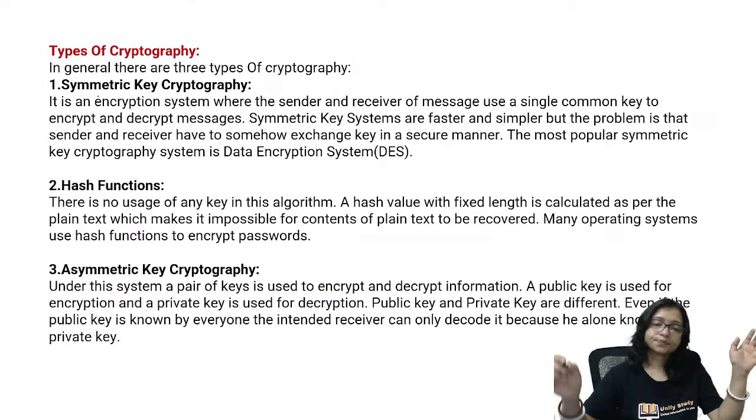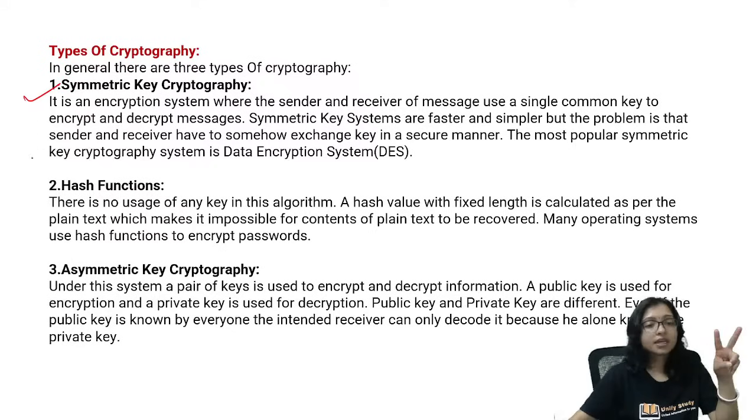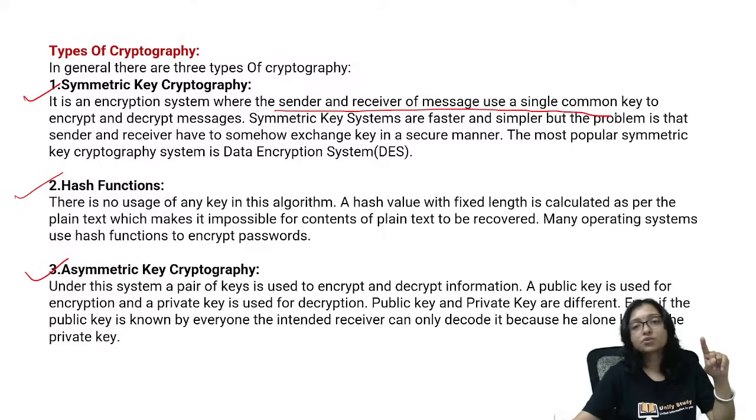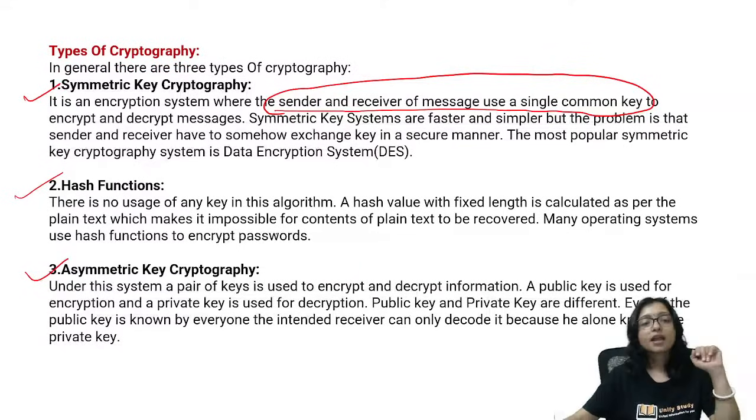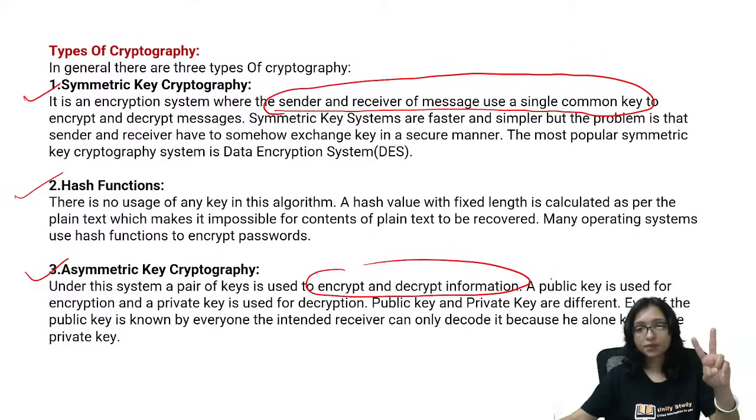So here there are symmetric key, asymmetric key and hash function. These are the different cryptography types. Symmetric key means when sender and receiver are using a common key. Asymmetric means there are two types of key for encryption and decryption.